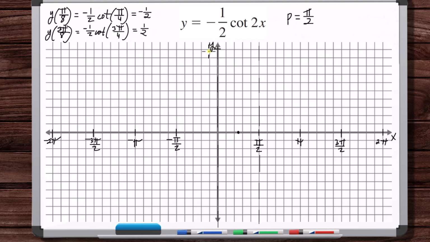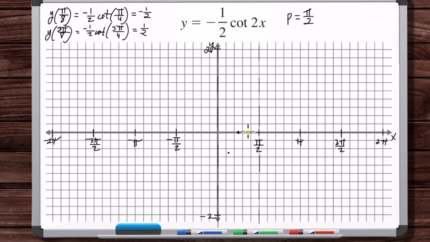So we'll do 2 to minus 2. Okay, so at 1 1/4, we're at negative 1/2, so 0.2, 0.4 right here.